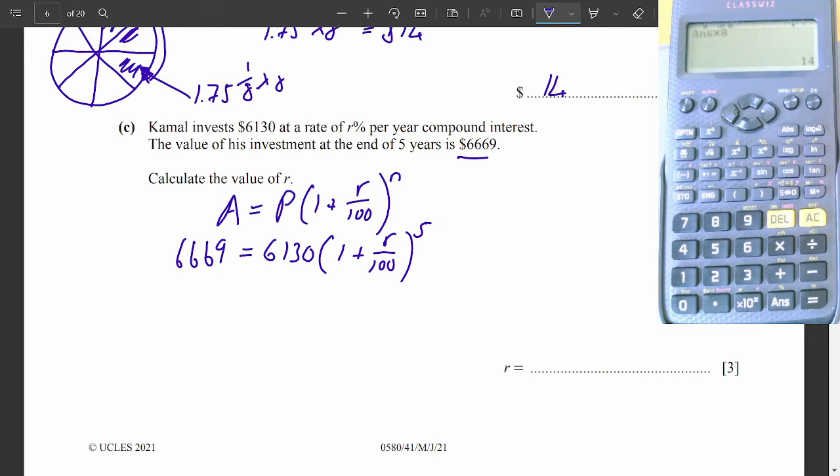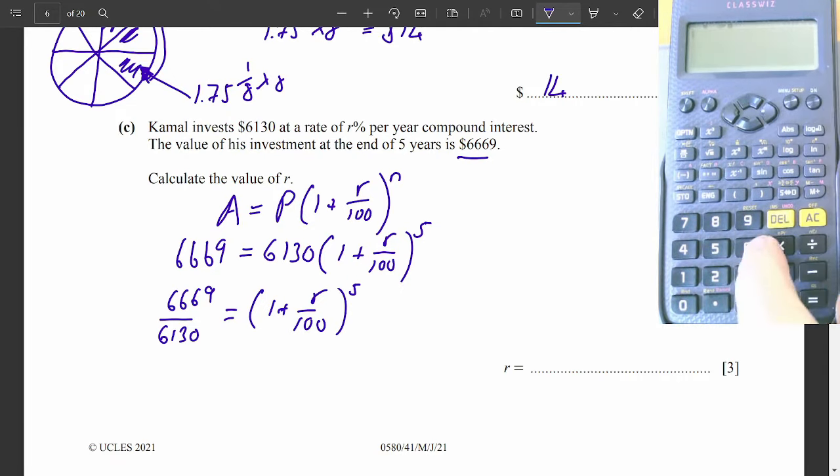We start as far away from the unknown as possible. And remember BODMAS. Right, so before we work out the power, the index, we need to do the multiplication first. So we need to get rid of the 6,130. So we need to divide both sides by 6,130. So that will be left with 1 plus R over 100 to the power of 5.